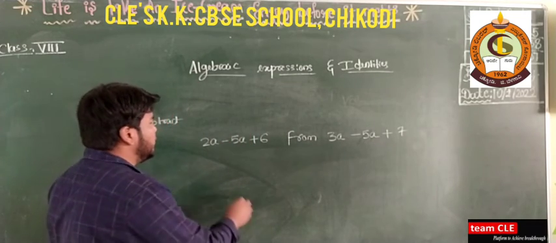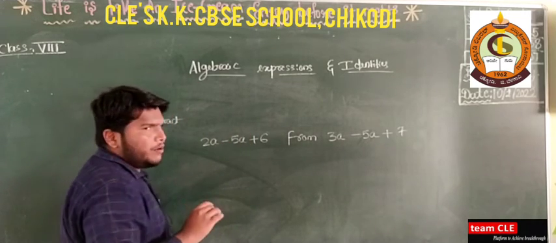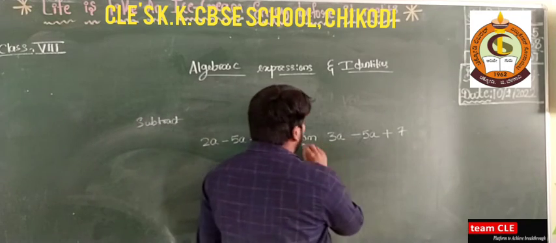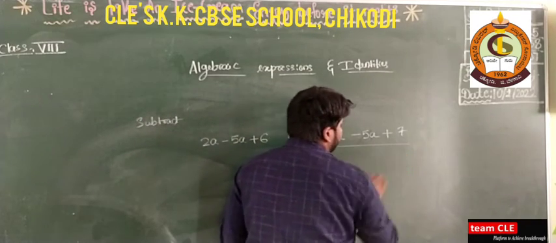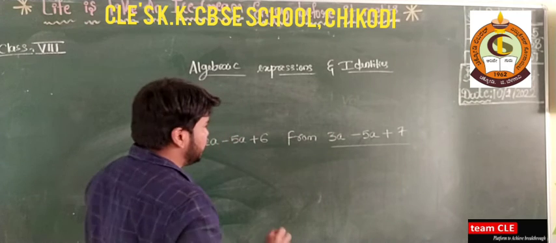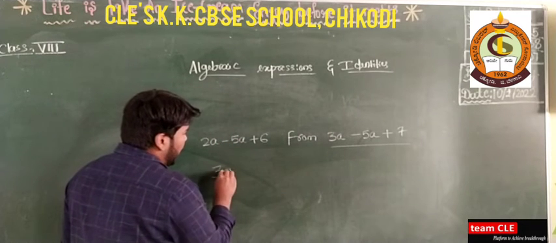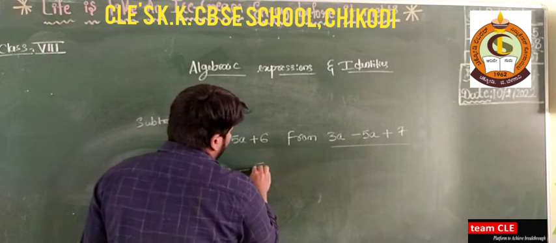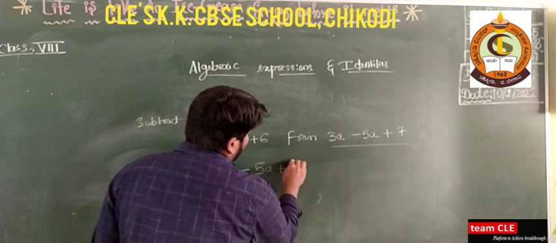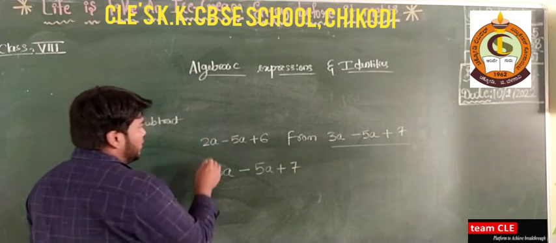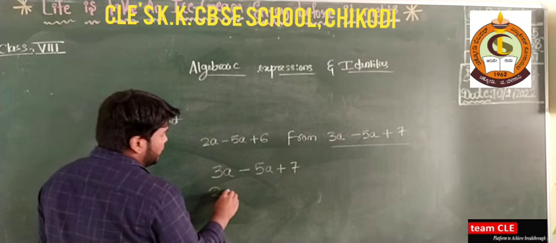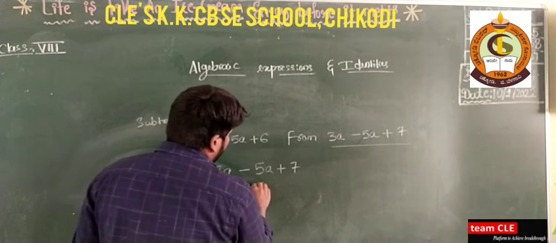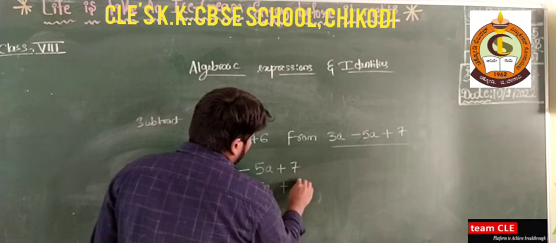In the subtraction of algebraic expressions, first we write the expression from which we subtract. So we will write this first one, 3a minus 5a plus 7, and next write the remaining one, that is 2a minus 5a plus 6.